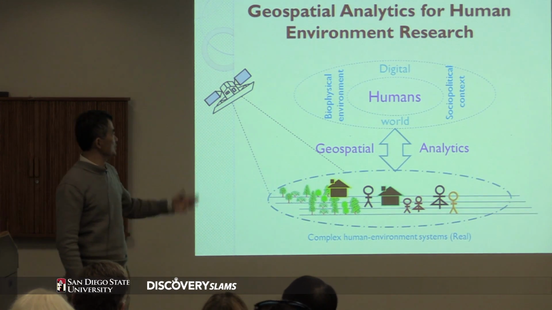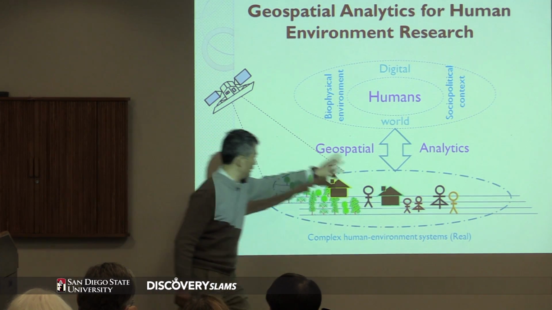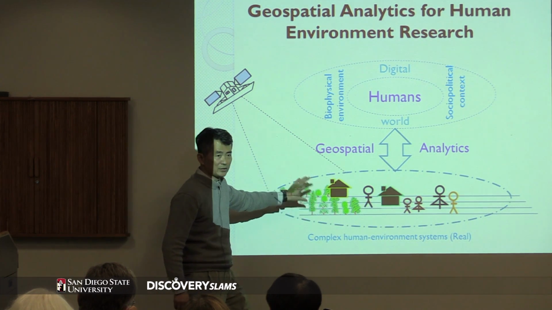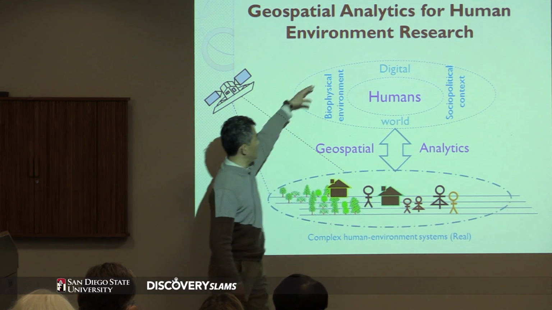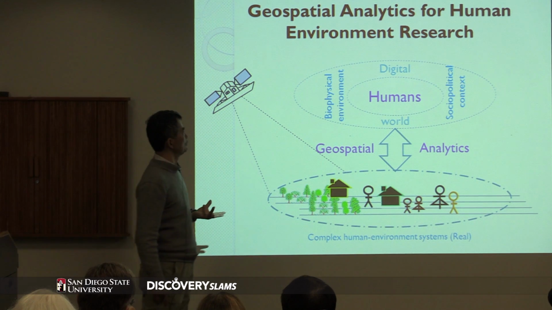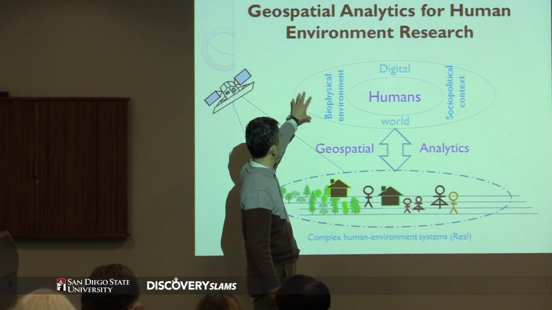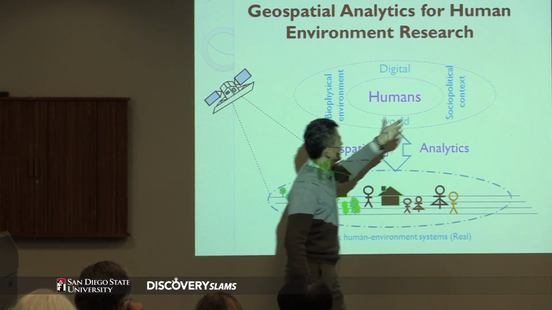So this is my approach. Basically, this is the real thing on the ground, where there are people, households, forests, ecosystems, and so on and so forth. And on my computers, we try to build a digital world such that humans are the center. But at the same time, we consider the biophysical environment and the socio-political environment.